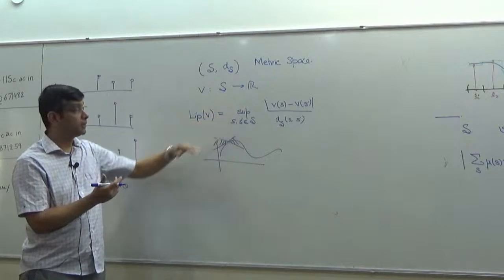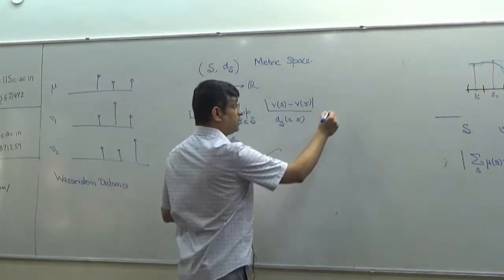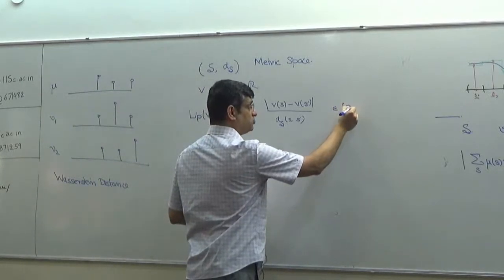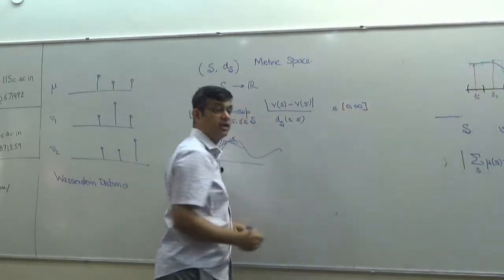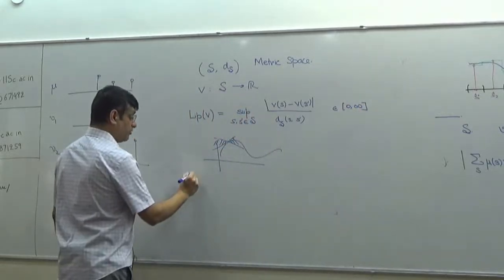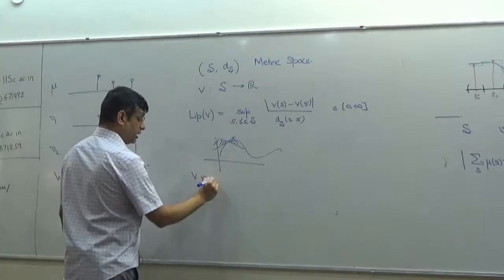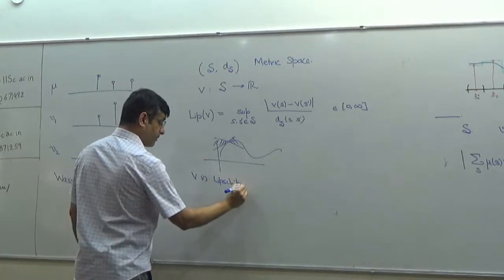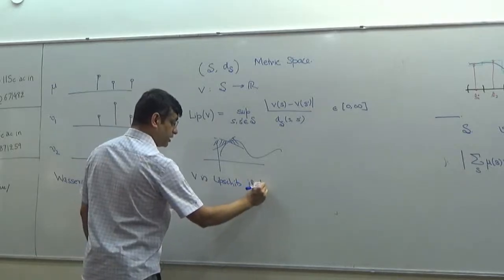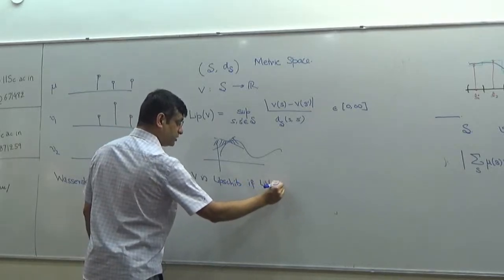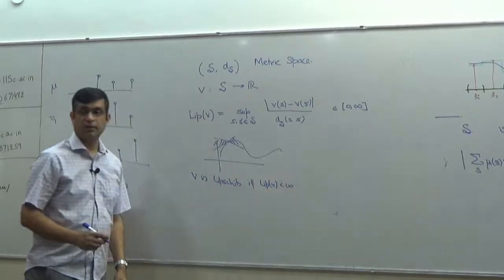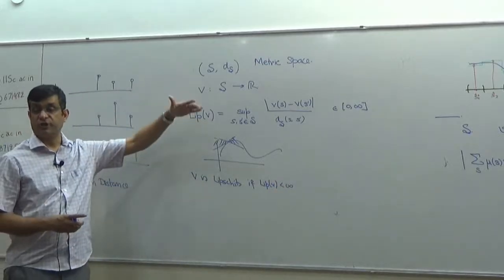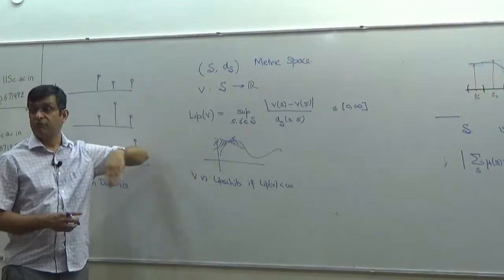The way it is defined, this is something which is at least 0, but it can take the value infinity. We say V is Lipschitz if the Lipschitz constant of V is strictly less than infinity. So I am going to rule out cases where the function can have infinite deviation.